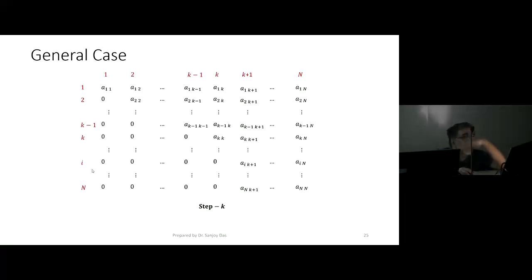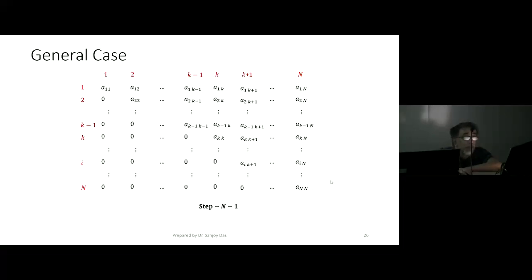Okay, so this is my step k. All these elements will of course change because I'll scale this portion of the row and then subtract it from all of these. So a_i,k+1 through a_in, all the way up to a_nn, will now have different values after this step.